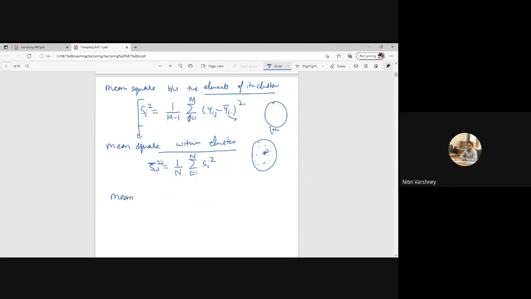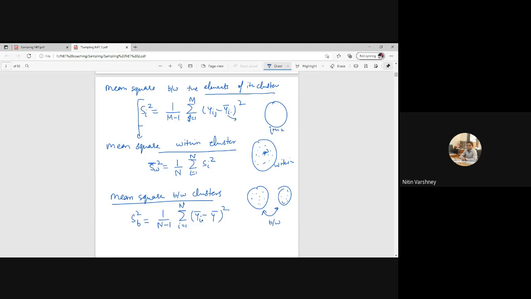Third one is mean square between cluster. So this will be between clusters. This is for the ith cluster, this is within, and this is between clusters. The units will be there, and this will be the mean square between clusters, and this is SB square. So that is 1 upon n minus 1 summation i is equal to 1 to n of y bar i dot minus y bar, the overall population mean, square.